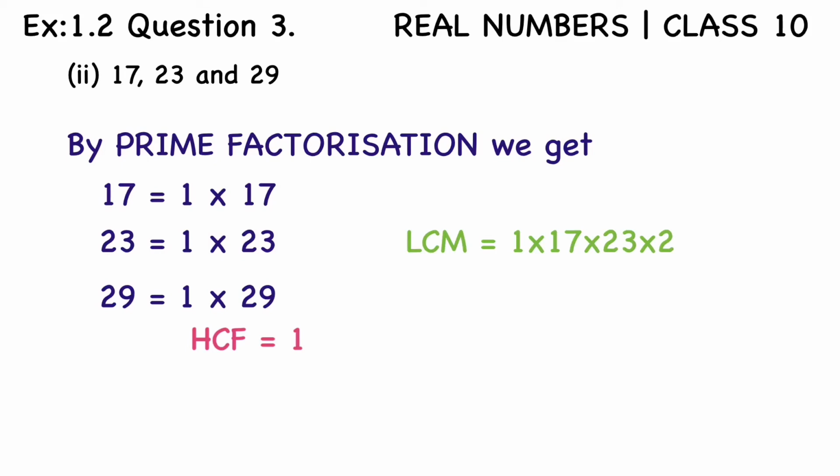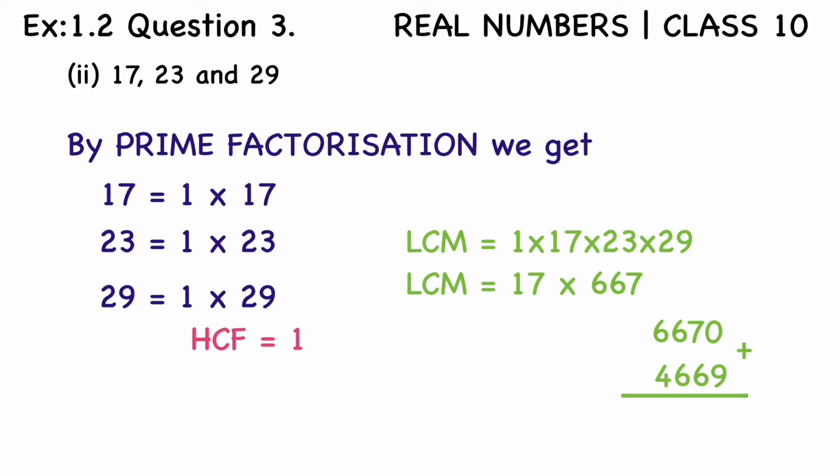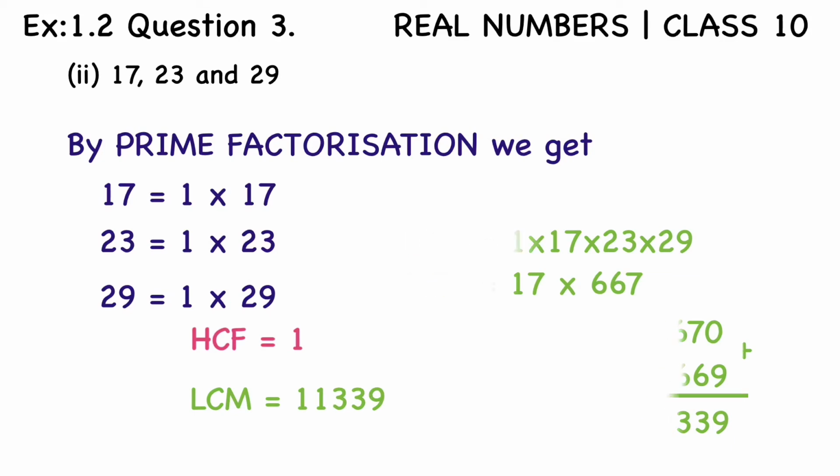Multiply 23 into 29, you get 667. Now multiply 17 into 667. How to multiply is that multiply by 10, we have 6670. And now multiply 667 with 7, you get 4669. Now adding both, you have the answer as 11339. So we have LCM is equal to 11339.